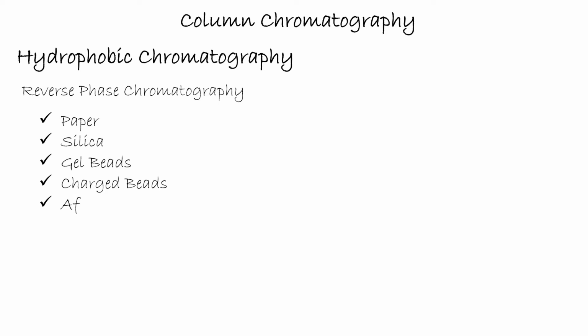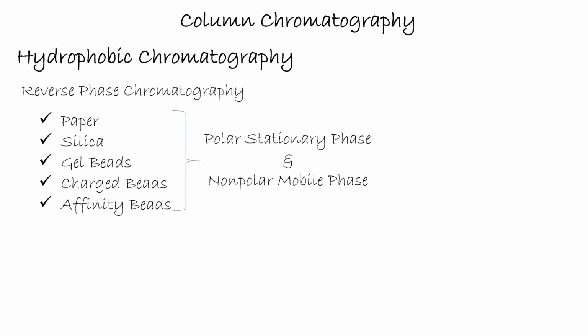In most of the chromatographic techniques we have discussed so far, the stationary phases used, like paper, silica, gel beads, charge beads and affinity beads, are all polar, and generally we use a non-polar mobile phase. So this is normal phase chromatography, that is, the stationary phase is polar and the mobile phase has non-polar character.